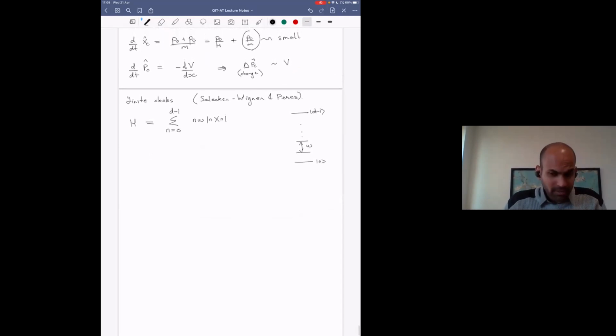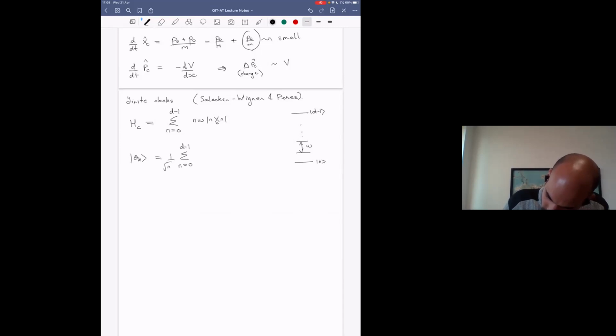Okay, why is this? Well, how can this be understood as a clock Hamiltonian? And the reason is simple. I'm not going to bother with the subscripts anymore. Let me consider the following set of states, theta k, which are not the energy eigenstates. They are the discrete Fourier transform of the energy eigenstates. I'm expecting that you've seen the discrete Fourier transform before, but even if you haven't, it doesn't matter.